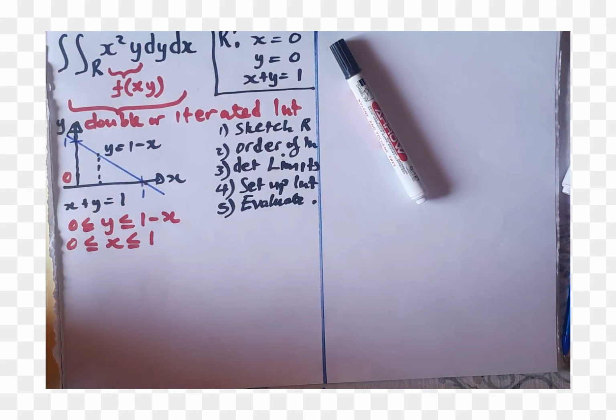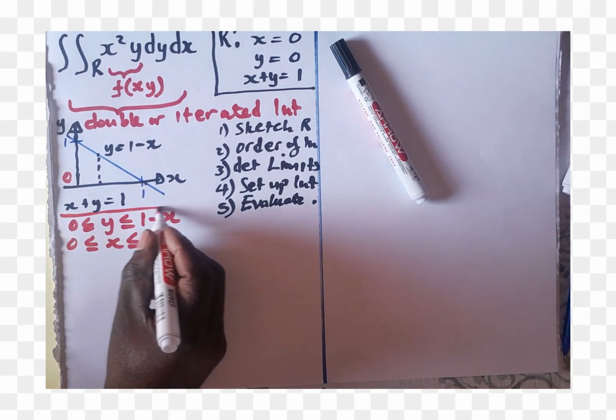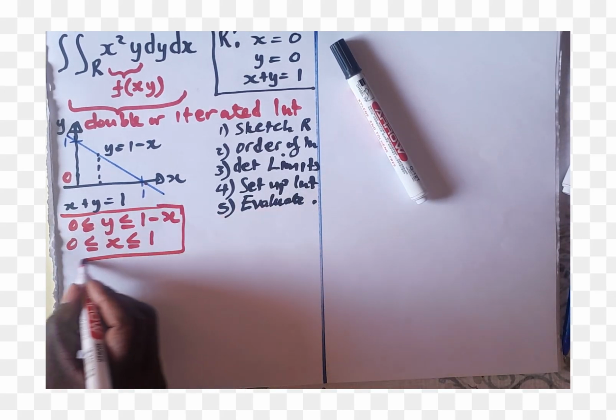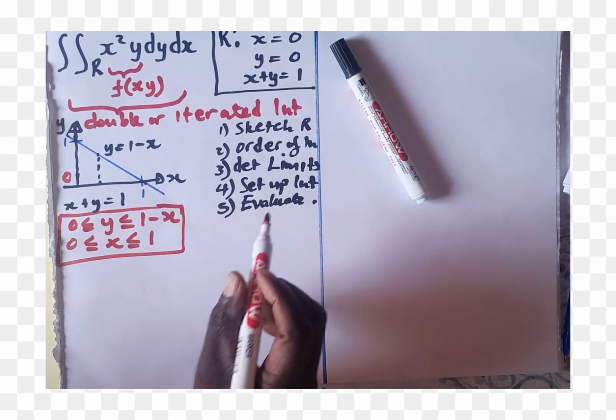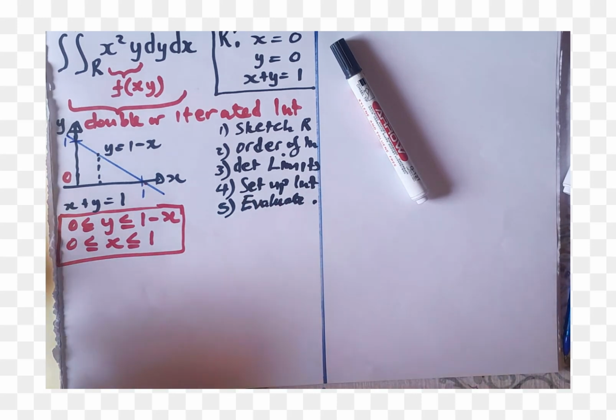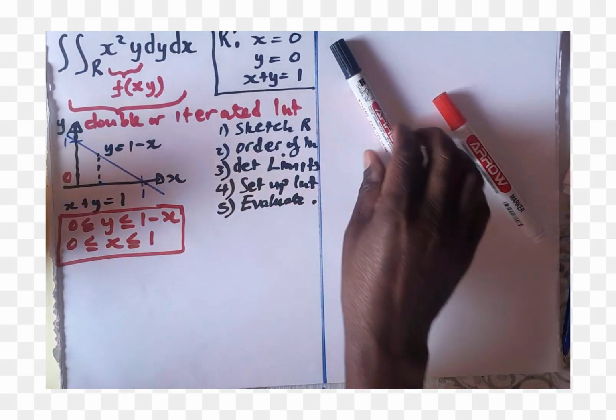So now that we've got our limits of integration here, what is our next step? Our next step is to set up the integral. Now, we are integrating with respect to y first.